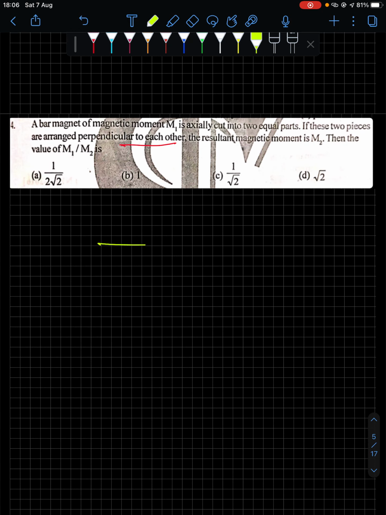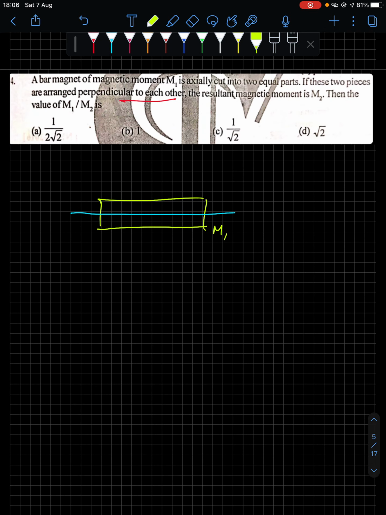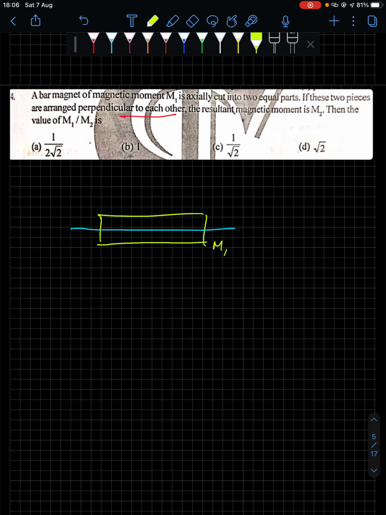Next question. You have a bar magnet of magnetic moment m1. Now you cut this into two equal parts. Previously the magnetic moment was m1. Now in the new parts the magnetic moment is m1 by 2 when you cut this into two equal parts axially, right?